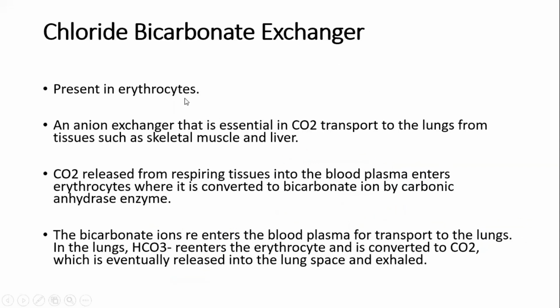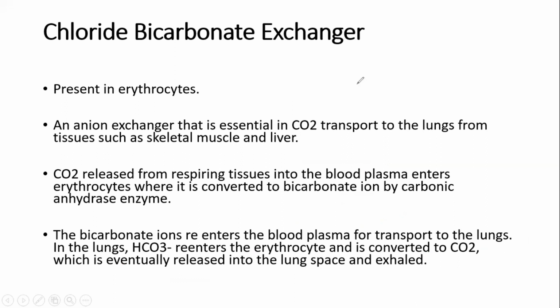It is present in erythrocytes and is an anion exchanger, which is essential in CO2 transport to the lungs from tissues such as skeletal muscles and the liver. Now, we know that carbon dioxide is released from the respiring tissues into the blood plasma. It enters the erythrocytes where it is converted to bicarbonate ion by the carbonic anhydrase enzyme.